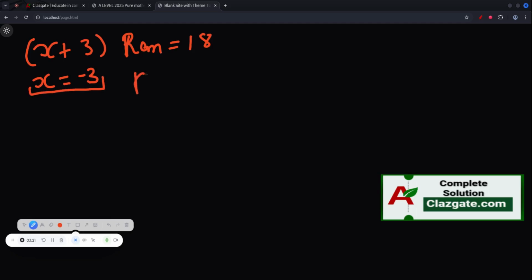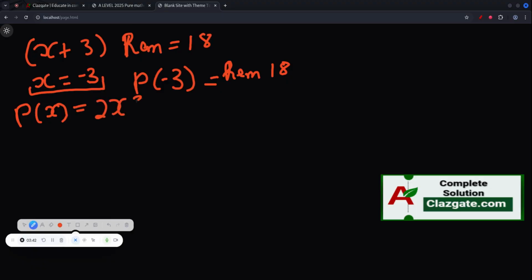So we have p of negative 3. That's p of negative 3. It will give us a remainder of 18. Hence, where's our p of x? Remember our p of x to be 2 into x cubed plus a into x squared plus b into x minus 12.